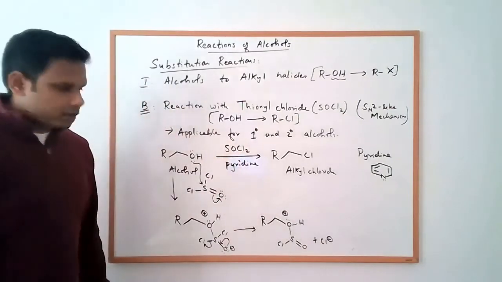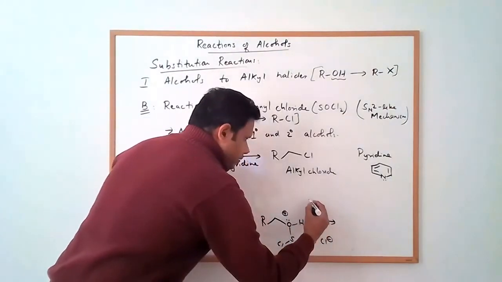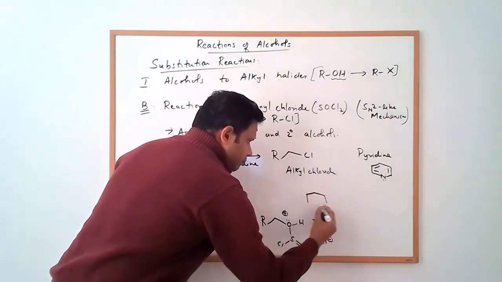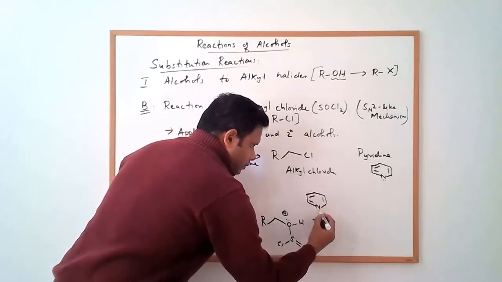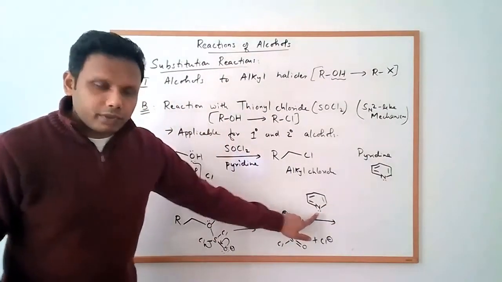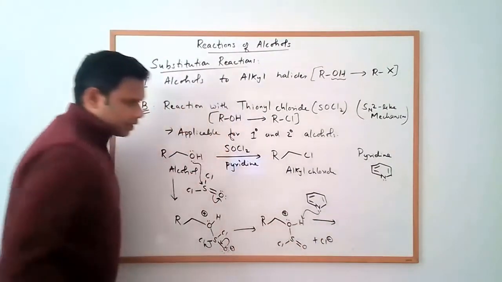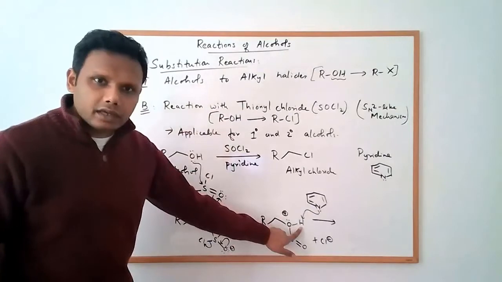Okay. At this point, and plus, remember, we've made chloride at this point. Okay, at this point now, the pyridine comes in, which is the base. The pyridine uses its lone pair on the nitrogen to abstract or deprotonate that hydrogen.